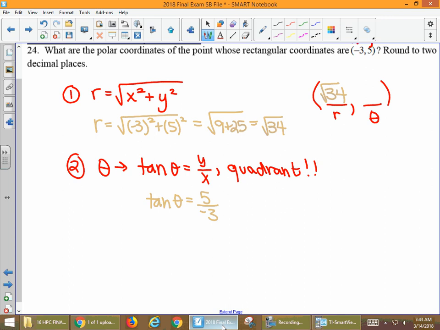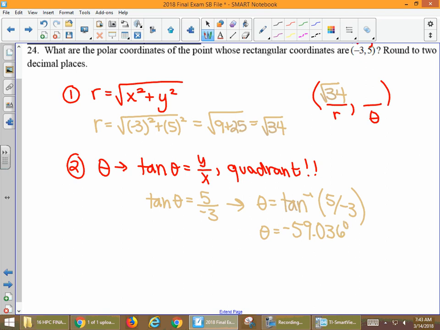Again, I'm making sure I'm in degrees. And when I do arctan here, in my calculator, I just did tan to the negative first of 5 over -3, and I got -59.036 degrees.